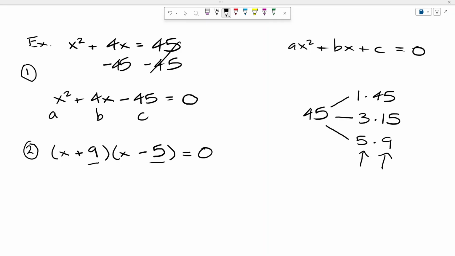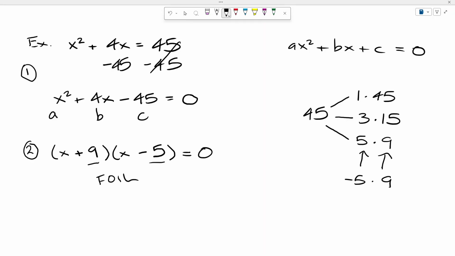So x plus 9, x minus 5. That should work for us, because if we made that a negative 5 and then had a 9, that gets us to a negative 45, and then negative 5 plus 9 would get us to a positive 4. So this should work, but it never hurts to just check your work.